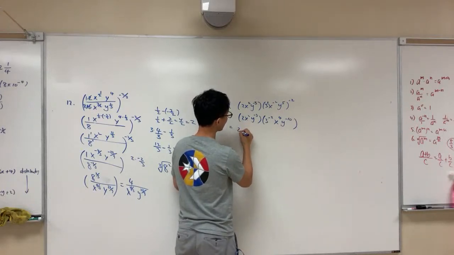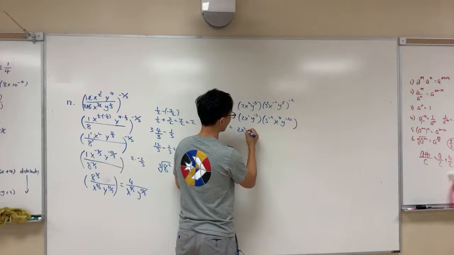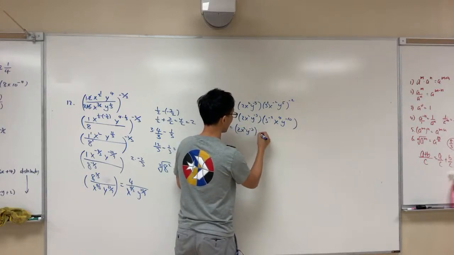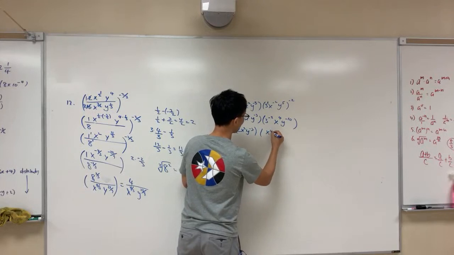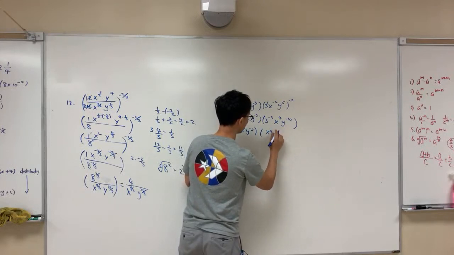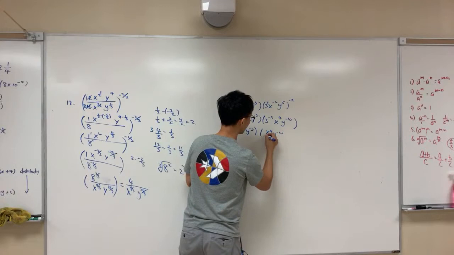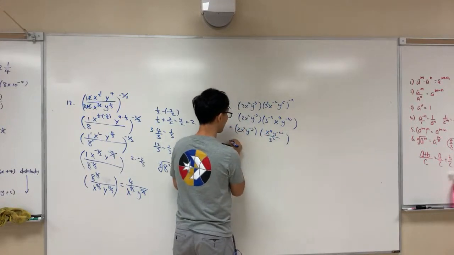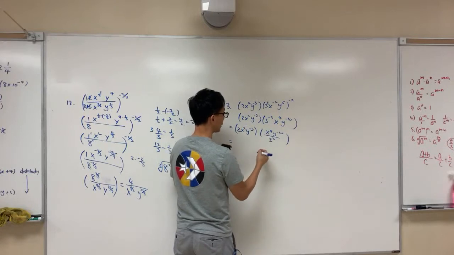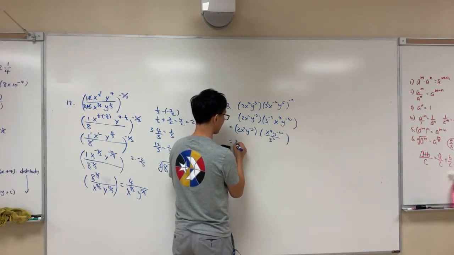So that is 2x squared y to the negative 3 times x to the 4th y to the negative 10. I'm going to change the number only, so it'll be 3 squared. And 3 squared is equal to 9, so it's actually 2 over 9.